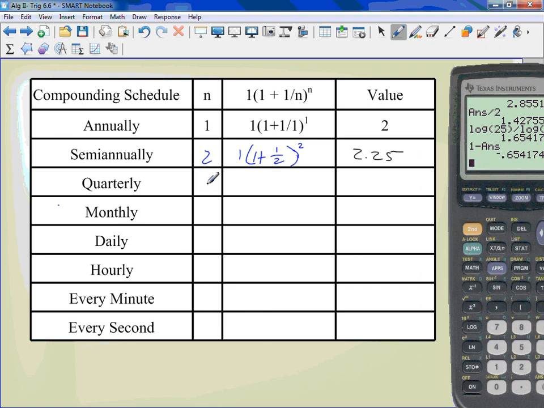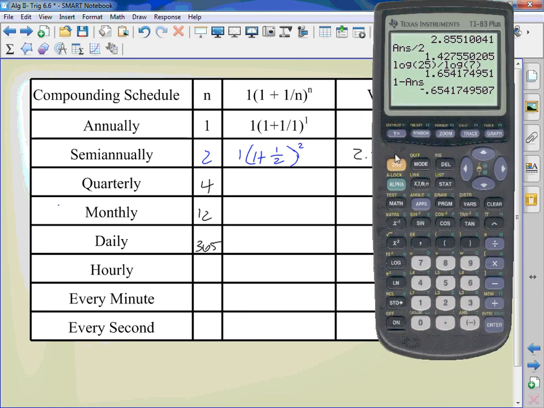Quarterly, how many times a year? 4. Monthly is 12. Daily, 365. I didn't do weekly. How about hourly? What do I have to do? 365 times 24, not 60.